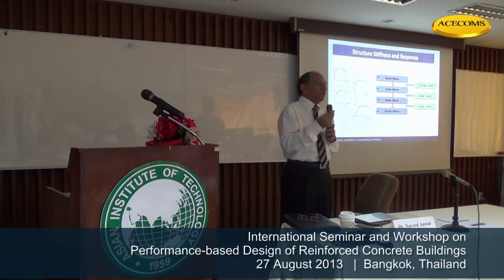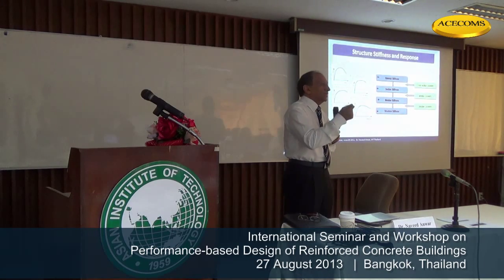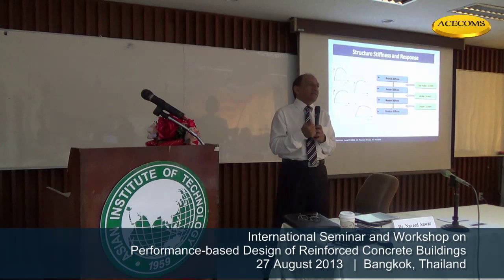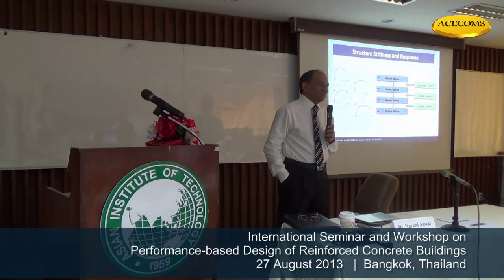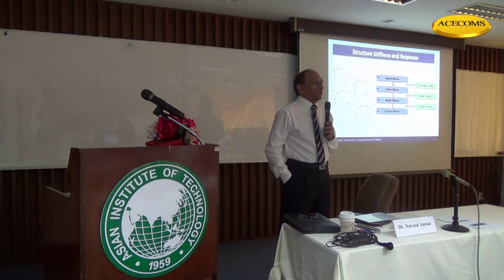So when we do the nonlinear analysis, all these 4 levels of nonlinearities need to be modeled and considered in the analysis. Sometimes we can ignore 1 or 2 of them, but not all of them, right? Depending upon the structure that we have.